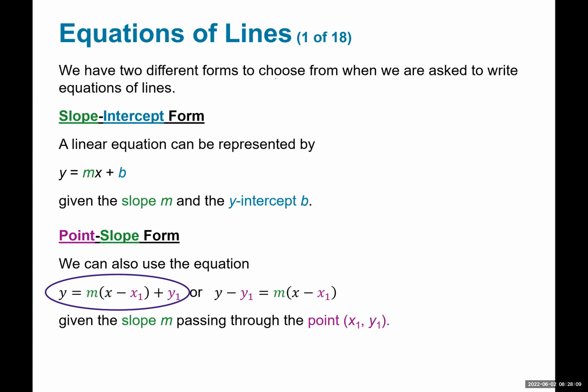We have 2 different forms to choose from when we are asked to write the equation of a line. First, slope intercept. Notice that there are 2 parts, slope and intercept. That's what we talked about in 1.4, mx plus b. M is the slope. It's also how you move. It's the thing that's married to the x, okay? And then the b is the y-intercept. This is where it crosses the y-axis.